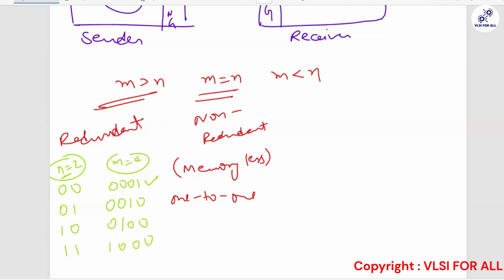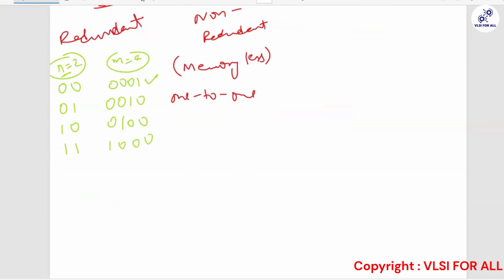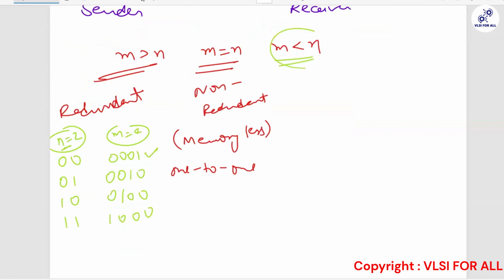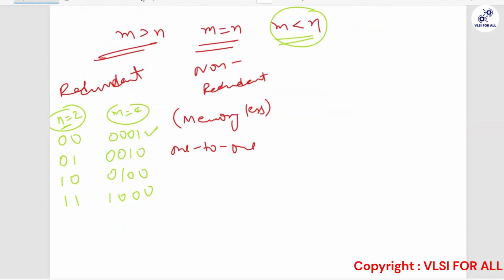So we can simply say in our encoding techniques, the other case is this m less than n, which is very hard to get, so we are skipping this. This m greater than n, m equals n, these are the only physical cases.